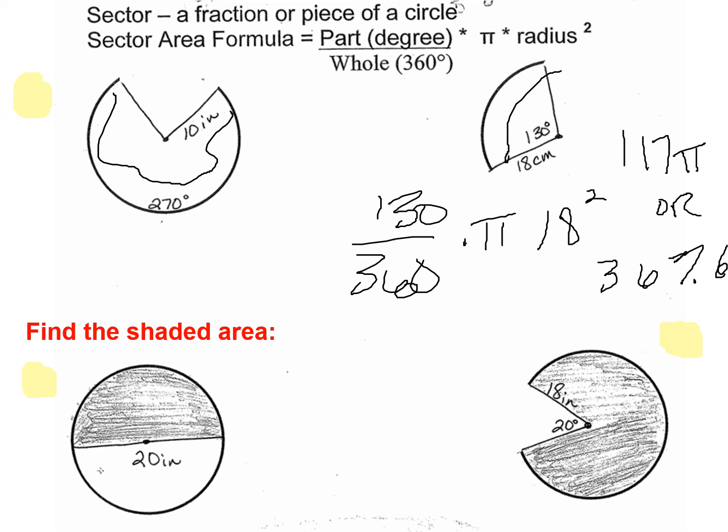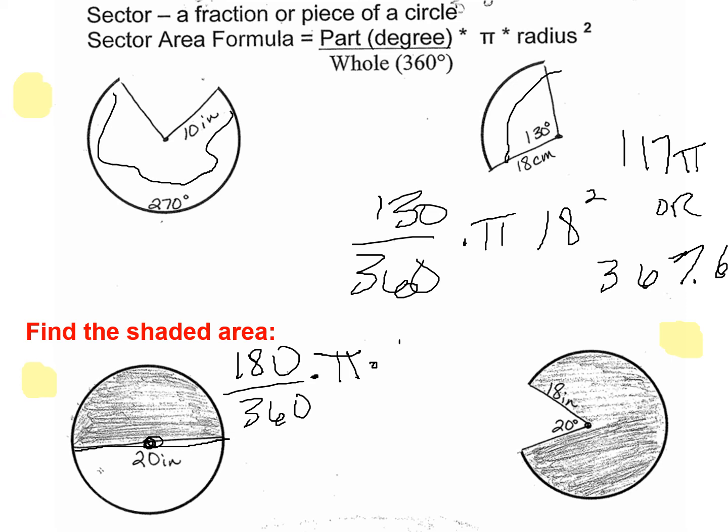Okay. All right, the shaded areas, now you got to do a little thinking on these. So it doesn't just tell you the degrees. I want you to go figure out the degree. So if it's going through the middle with that little dot, how many degrees is that going to be? 180. Of course you know that. Over 360. Or you can just do 1/2, because it is half the circle. Times pi times, what's the radius?